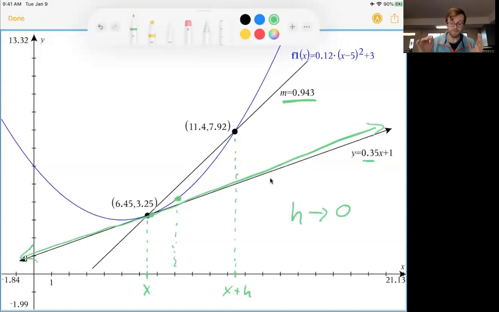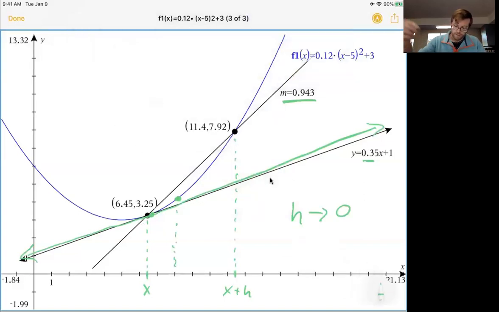Well, it's actually pretty easy. So here we go. For the slope, remember that slope was just going to be y2 minus y1 divided by x2 minus x1, right? And this is actually pretty easy to find. If I use function notation, hopefully you're okay with that.